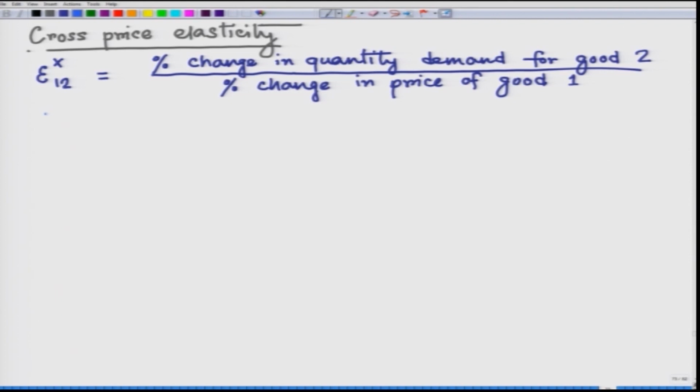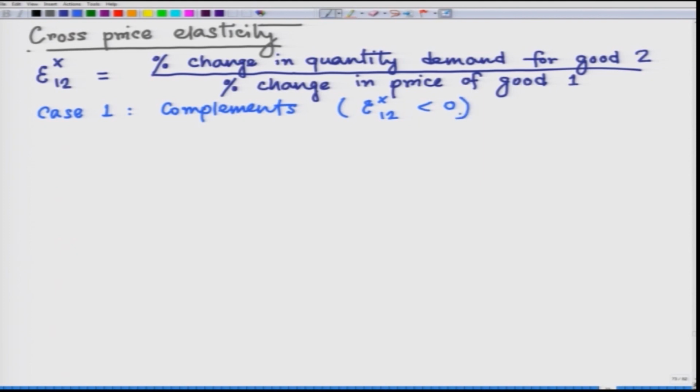Now, we are going to start with case number 1, which is the case of complements. In the case of complements, the value of this cross price elasticity will be negative.